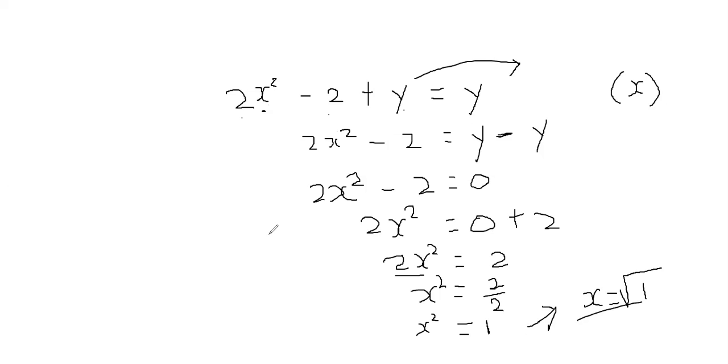We need to make x the subject. So we need to get rid of this y, this negative 2, this 2 which is the coefficient of x squared, and the power of the x.